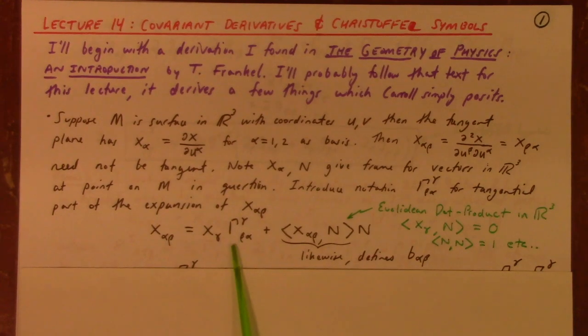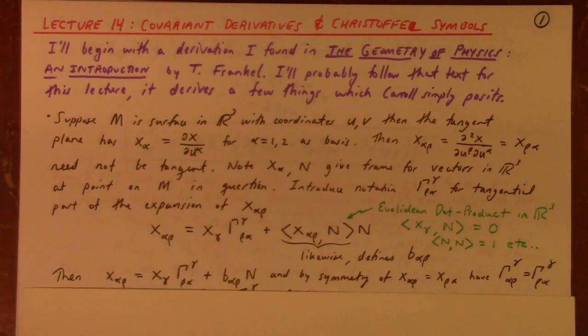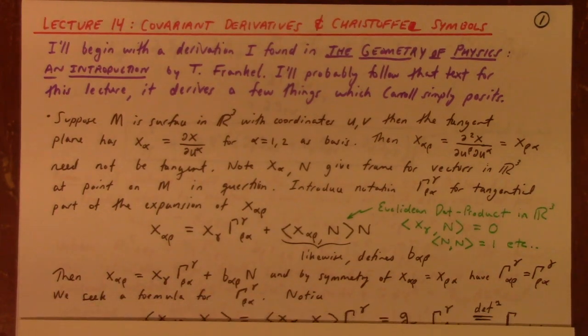And what's curious at first glance is that we're calling the coefficients of the tangential piece by the symbol upper gamma, lower beta alpha, and that's the symbol we use for the Christoffel symbols. And you'll see that actually that's a good notation here because, well, we're going to see it links up, all right?